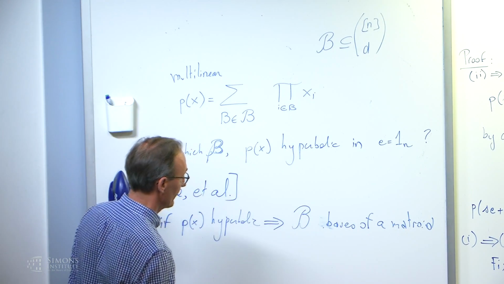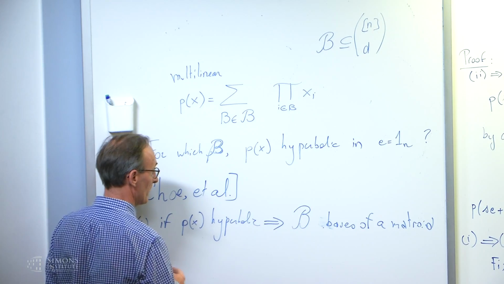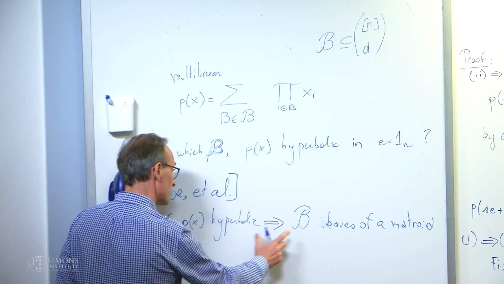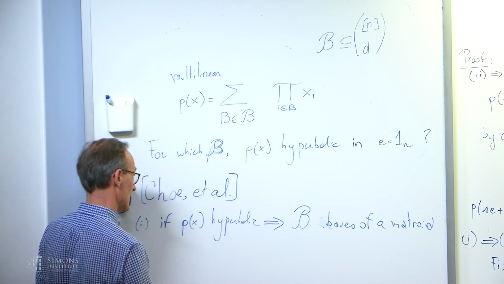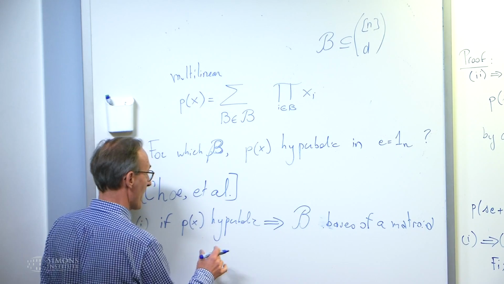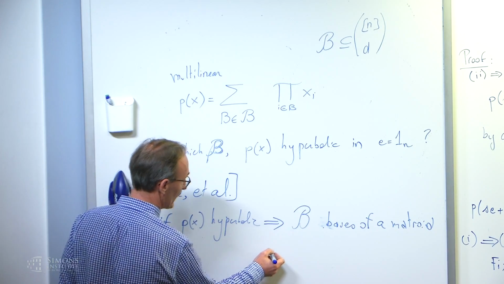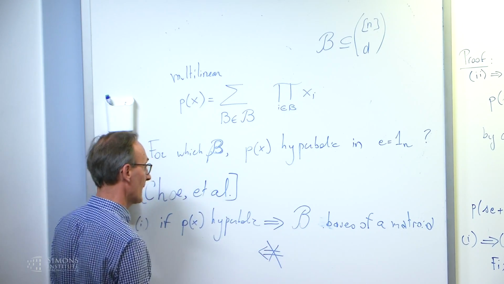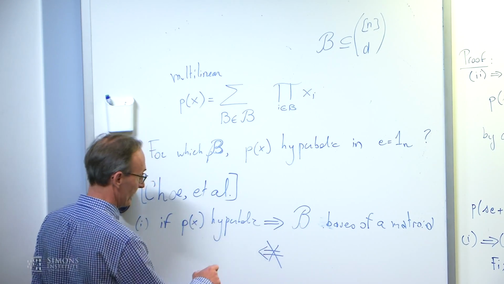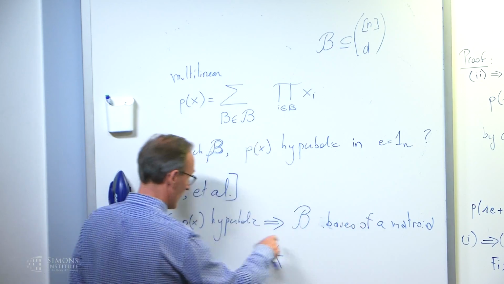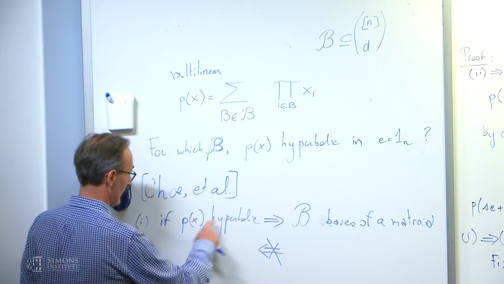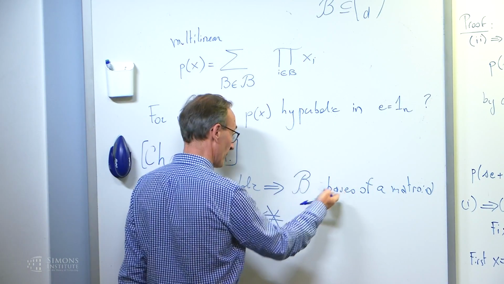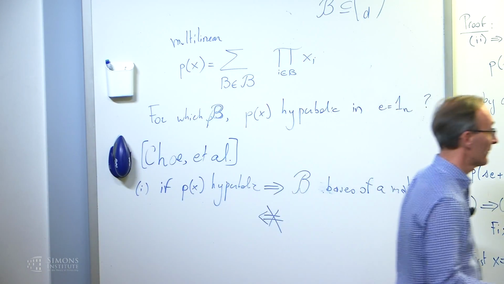There are various ways of showing this, but unfortunately the converse is not true. Matroids for which p of x is hyperbolic could be called hyperbolic matroids, and they often are called that.